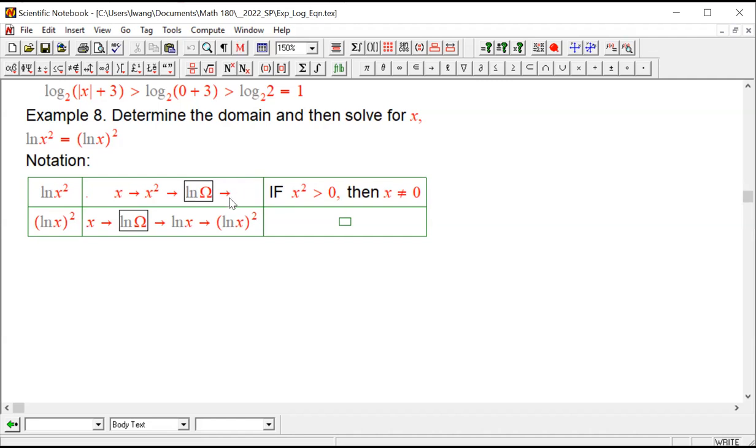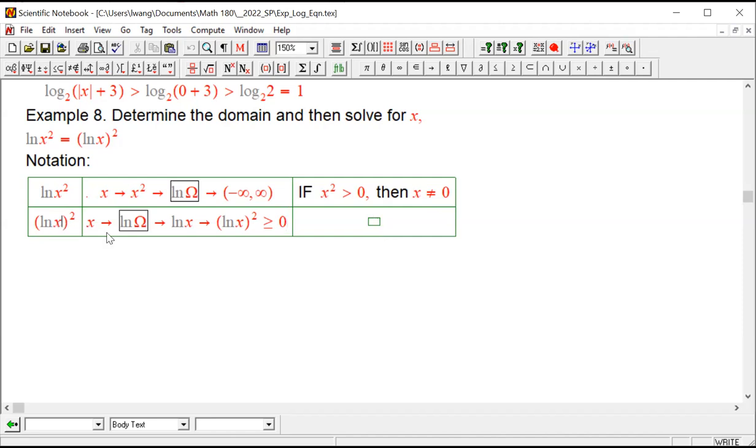So this output is going to be any real number, negative infinity to positive infinity. But this output is going to be always at least 0. They have different range because of this process.